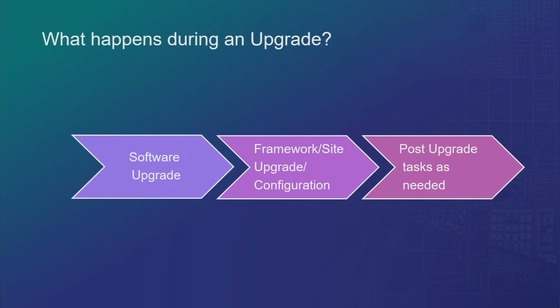So this slide will give you a precursor of what happens during an upgrade of each component. And this is pretty consistent no matter which component you are upgrading. There is a software upgrade process. This is when you're uninstalling the previous or old version of the software and installing the newer version of software you're trying to go to.